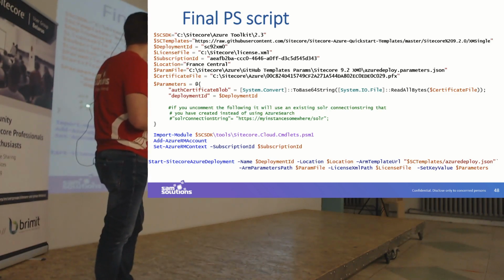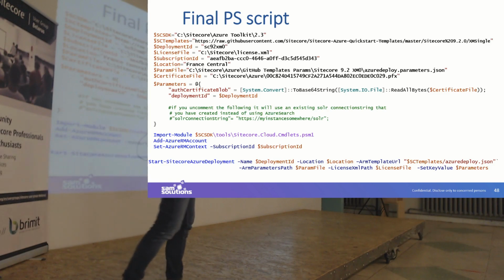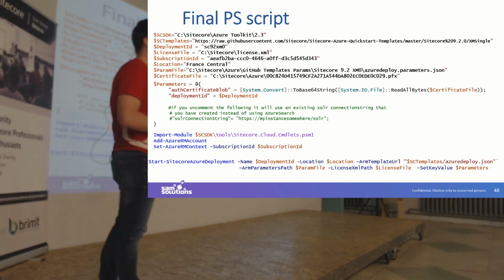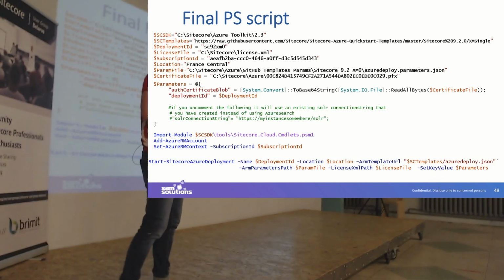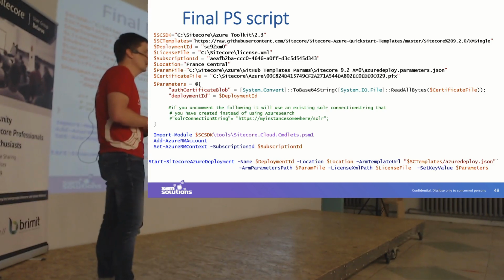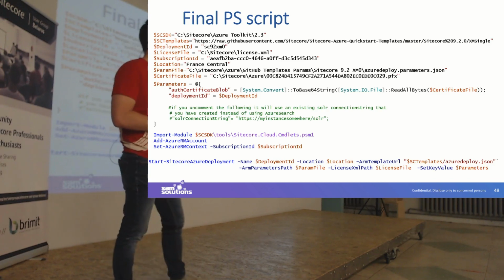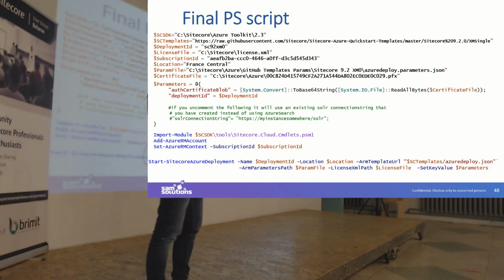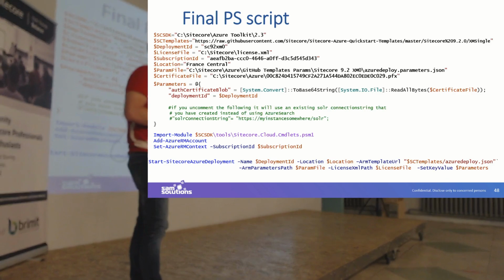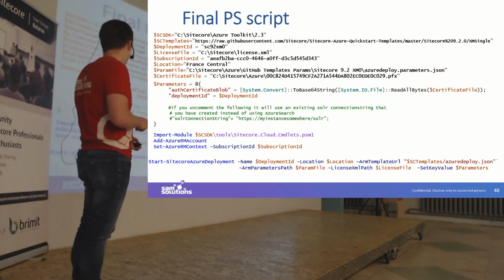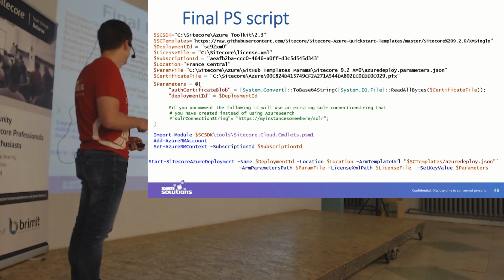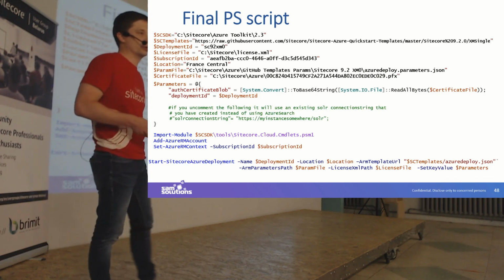As I mentioned, Sitecore Azure Toolkit by default deploys Sitecore as a PaaS with Microsoft Azure Search as the search engine. But for sure, you can switch that off: just uncomment this line and put in your connection strings for Solr if you have them.